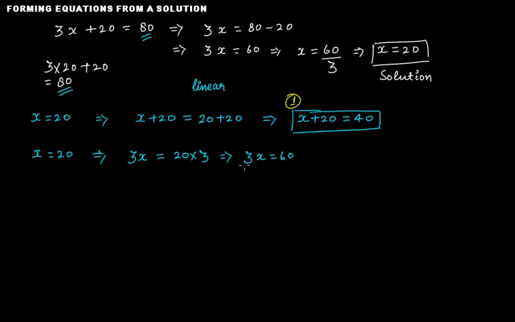Now if we divide both the sides by, let's say, 4, this will be 3x divided by 4 equal to 60 divided by 4, and you will get 3x/4 = 15. This is another equation.